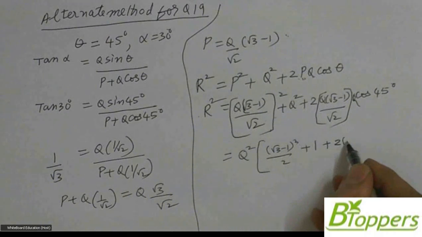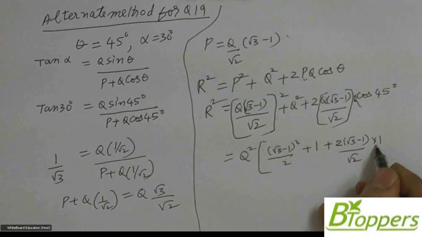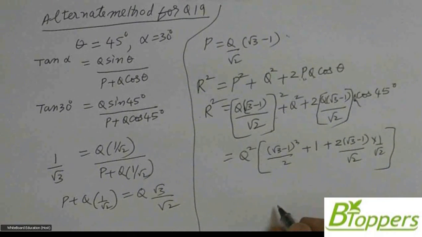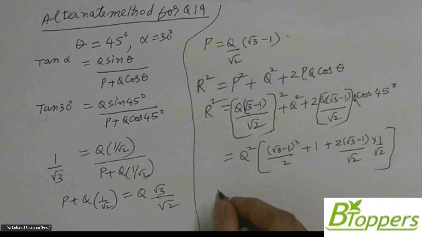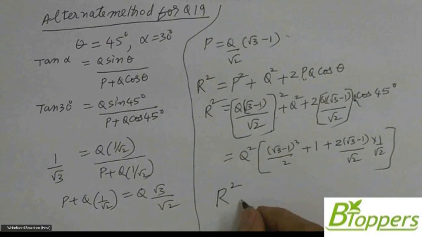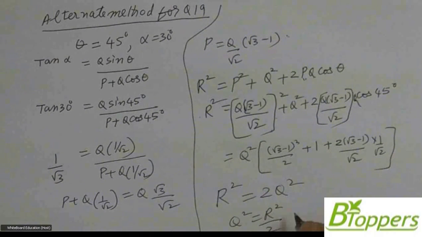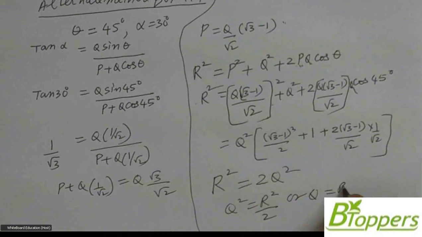You get 2 into (root 3 minus 1) by root 2, cos 45 degrees is 1 by root 2. So this you can simplify further. You get R square equal to 2 Q square after simplification. You're supposed to get R square equal to 2 Q square, or Q square equal to R square by 2, or Q equal to R by root 2.